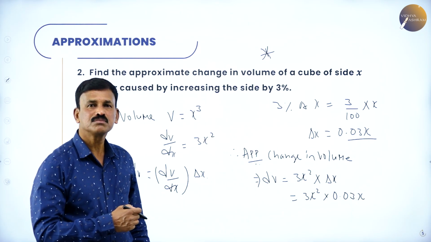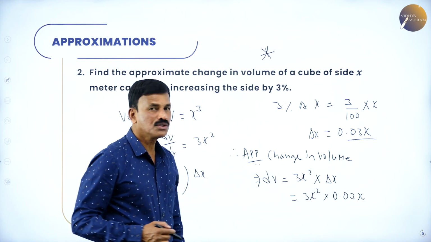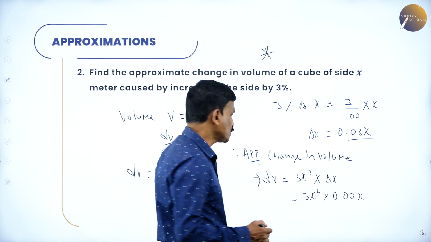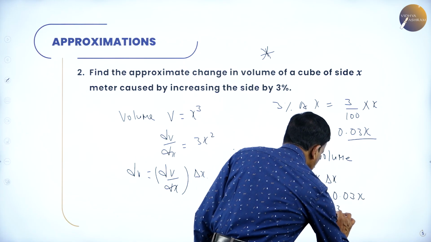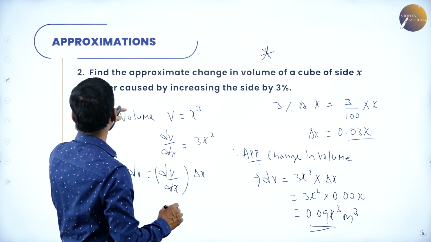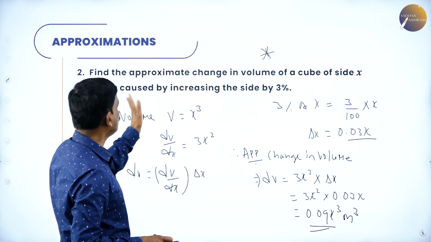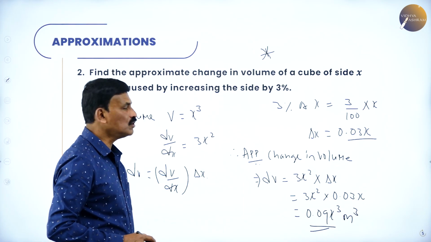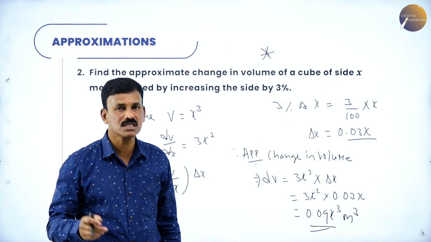Just multiply: 3 into 0.03 is 0.09. x square into x is x cube meter cube. So the approximate change in the volume of a cube is 0.09 x cube meter cube. This is very simple for 2 marks, right? Very simple.